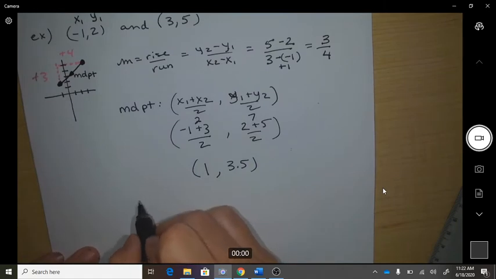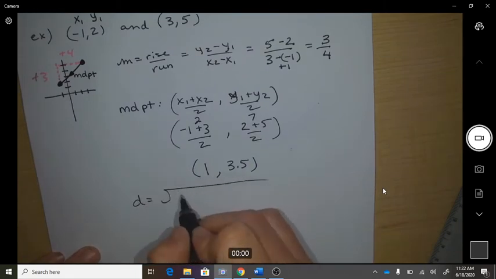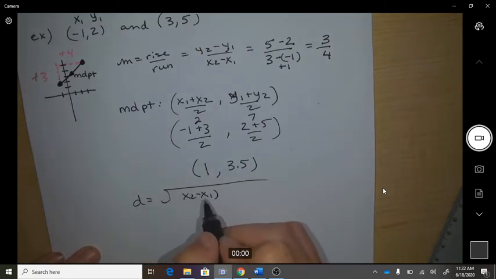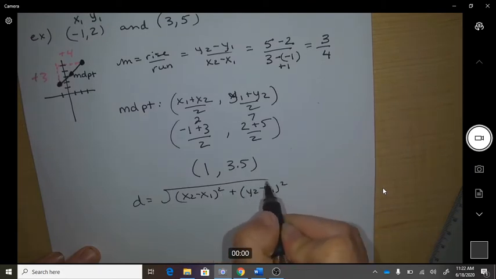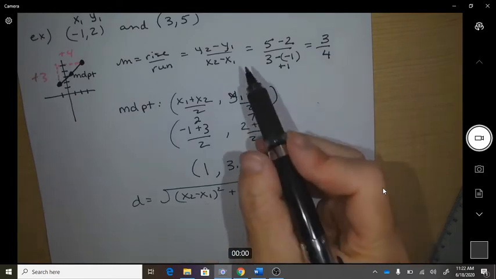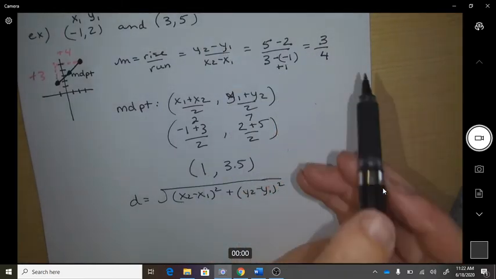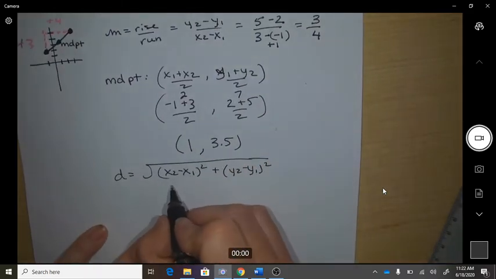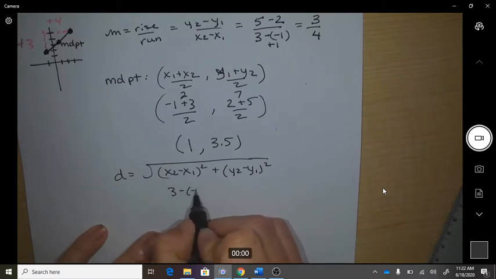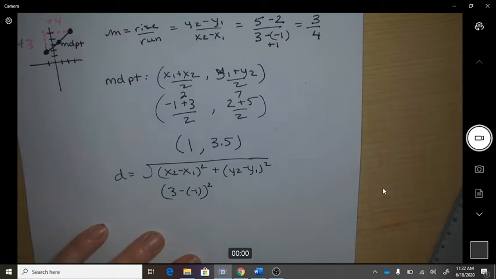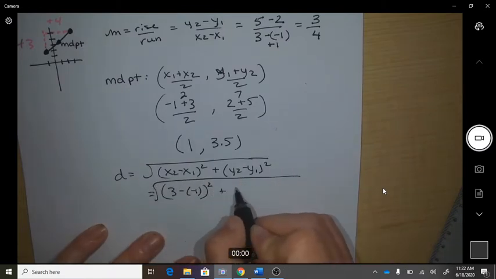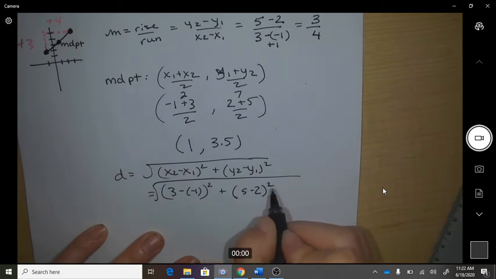Okay, and the distance, so here's your formula. We've actually kind of done those numbers, but we will fill them in. So if I subtract the x's, I get 3, subtract -1. And if I subtract the y's, I get 5, subtract 2.